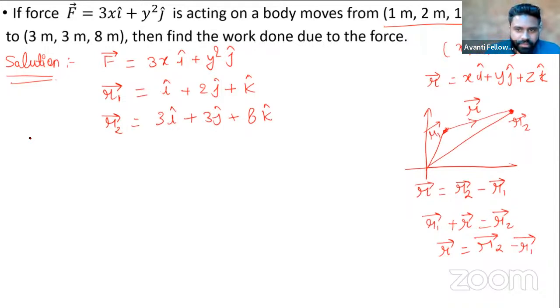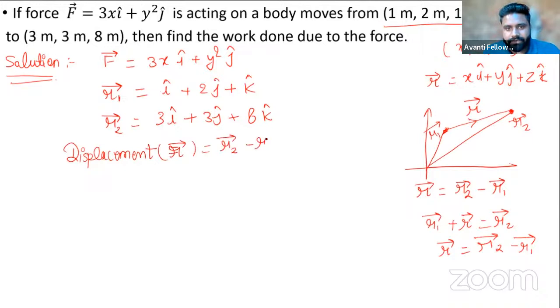Okay, now we have to find out the final displacement. So displacement here is r vector, which is r2 vector minus r1 vector. Now r2 is 3i cap plus 3j cap plus 8k cap, minus r1, which is i cap plus 2j cap plus k cap.